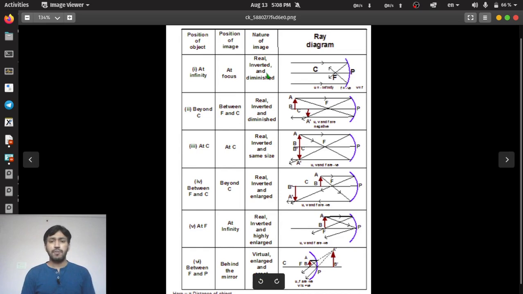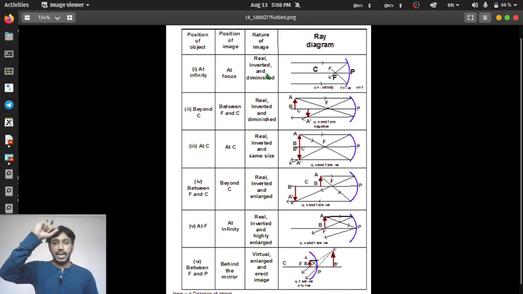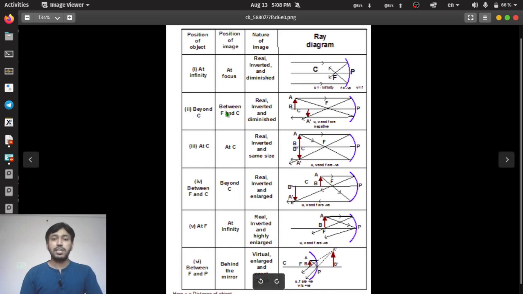Inverted means if suppose the head of the object is at upper side, then in the image the head will be at lower side. So that is inverted. Okay, that means vertically opposite. That is called inverted. And diminished means small size. That means the image will be of small size compared to the object. Object will be larger and image will be smaller. So that is called diminished.